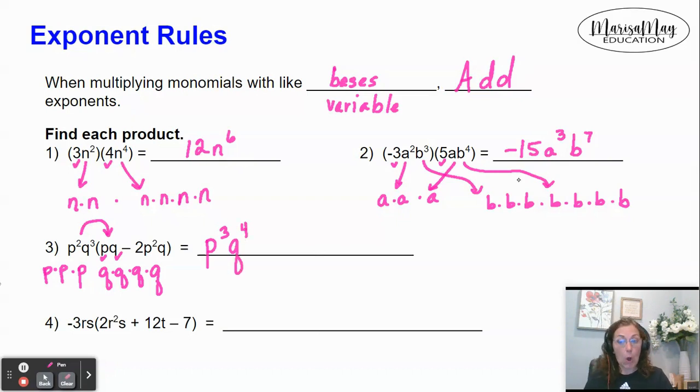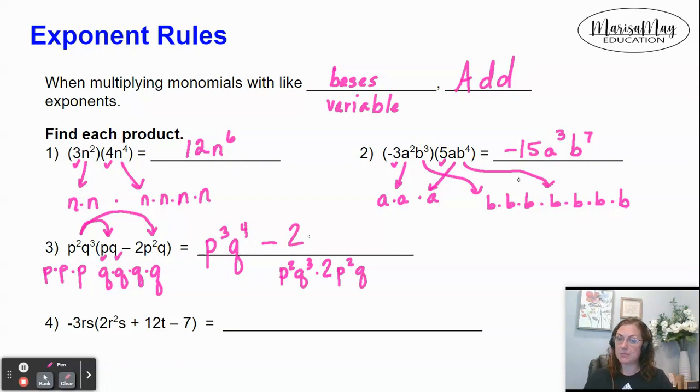Now we do it again when we distribute p to the second times q to the third. Okay, so we have that minus in there because there was a minus in the parentheses. And now we're doing p to the second, q to the third, times 2p to the second q. So obviously we have a 2 there.